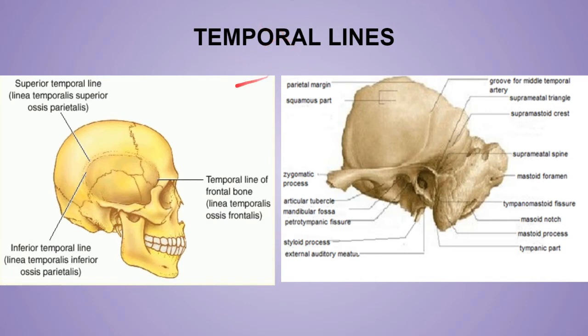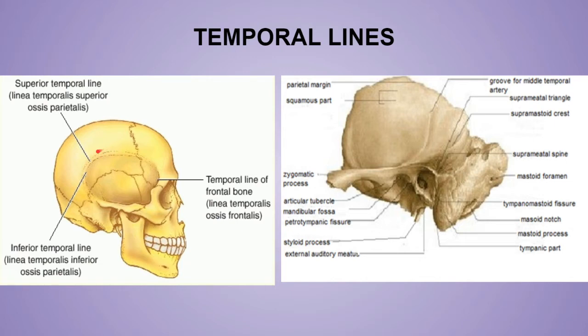Now, temporal lines. First of all, this is a temporal line. The temporal line begins from the zygomatic process of the frontal bone, then goes upwards, crosses the frontal bone, the coronal suture, and then divides into two main lines: superior temporal line and inferior temporal line.